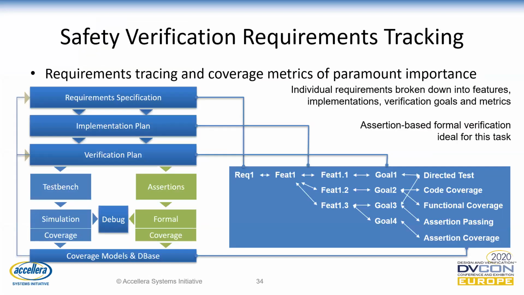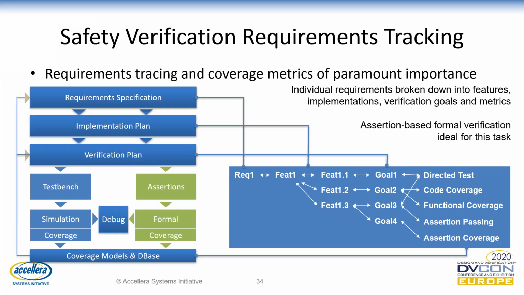Automotive is not an exception, so it's the same flow: requirement specification broken down into an implementation plan and a verification plan, and based on these, the requirements are broken into features and sub-features, and for each sub-feature, verification goals are tackled with different technologies.